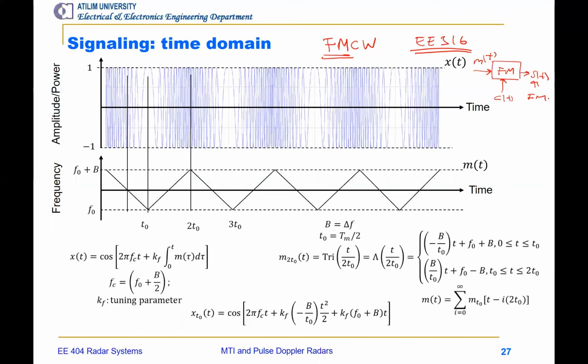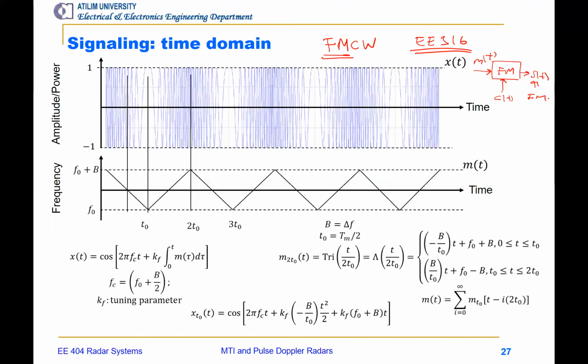Okay, and we simply vary the frequency of the carrier in accordance with the message signal amplitude. If the message signal increases, we increase the frequency. If the message signal decreases, we decrease the frequency.